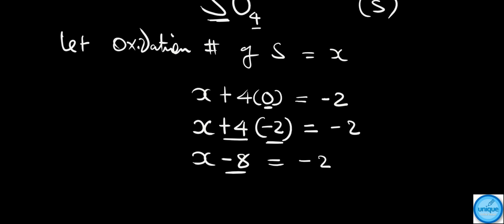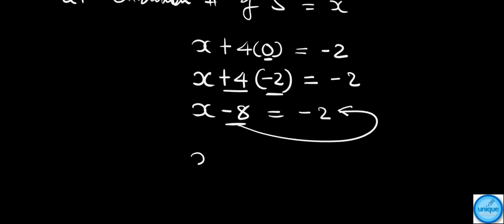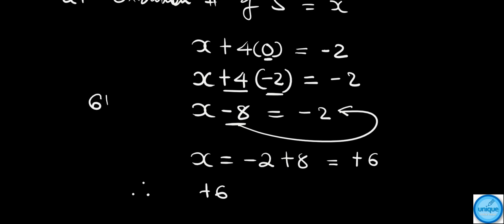So just take this guy to that side, so it will be x is equal to -2 plus 8, which is equivalent to +6. Therefore the oxidation number of sulfur is +6. Please also note that 6 plus has a sign, it's like a charge.